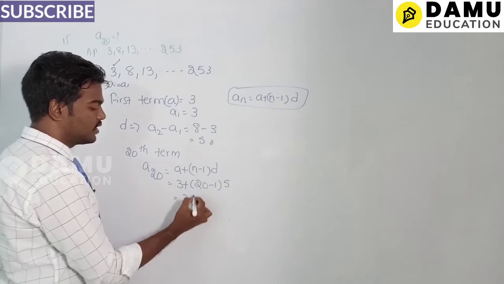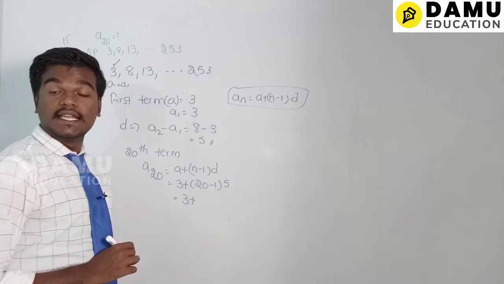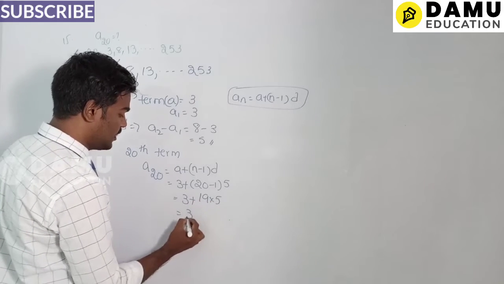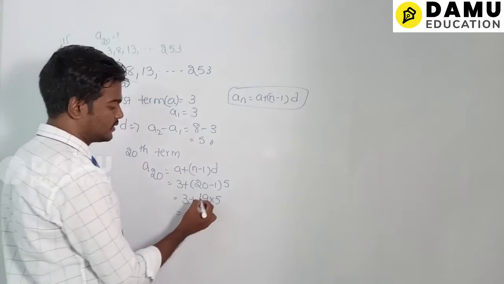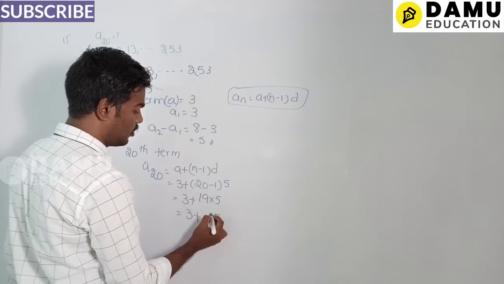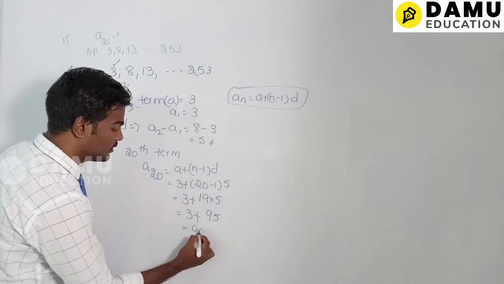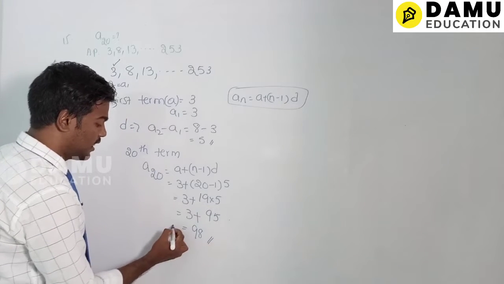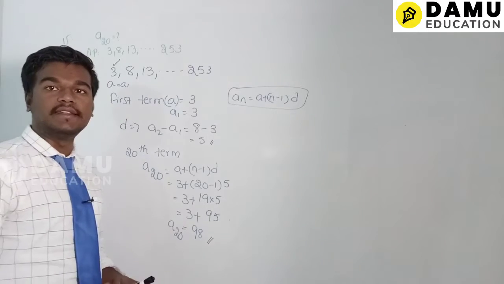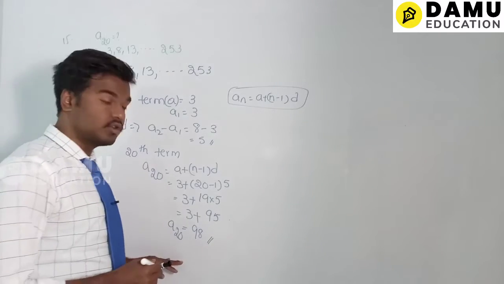So 3 plus 19 into 5. 19 into 5 is 95, and 3 plus 95 we get 98. So the 20th term will be equal to 98. This is the way to find the calculations.